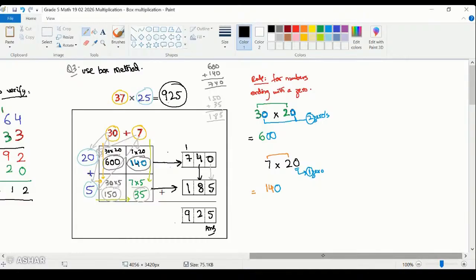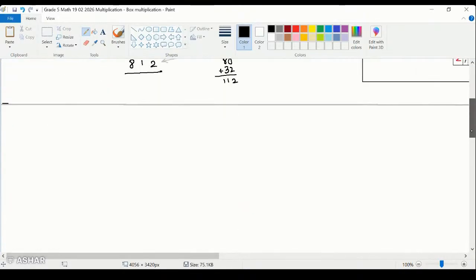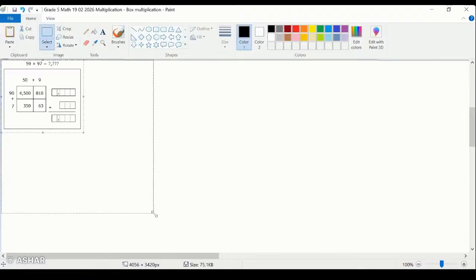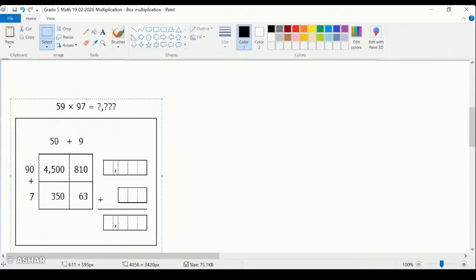For question number 4, they're telling us to use the box method. The number written over here was 59.